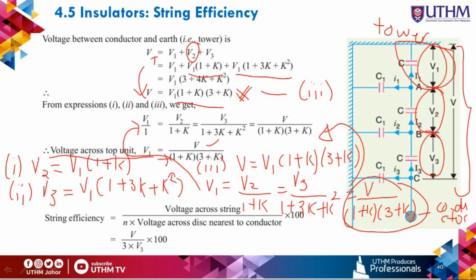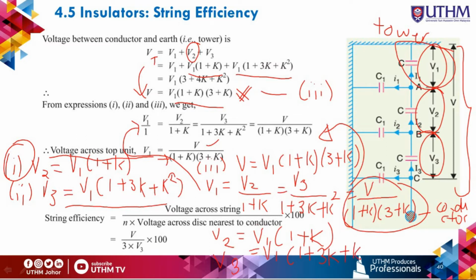If you want to find the voltage across the second unit from the top, you can get V2 equivalent to V1 times 1 plus K. And if you want to find the voltage across the third unit from the top, you can get V3 equivalent to V1 times 1 plus 3K plus K squared.